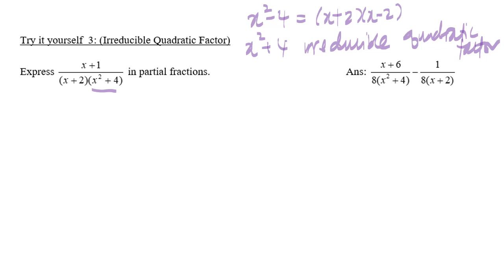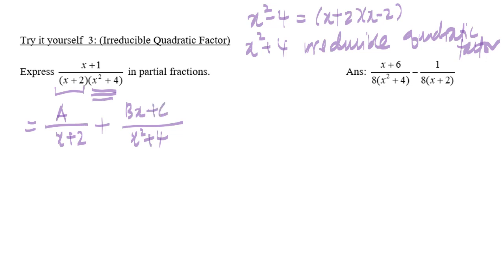So to start you off, the first factor is a linear factor, so we can express it as a constant a over x plus 2, and then your irreducible quadratic factor is x squared plus 4. So your numerator will be a linear factor in the form bx plus c. Then you should be able to continue on your own. If you don't get the answer the first time, please don't give up. Try a few times and you should be able to do it.